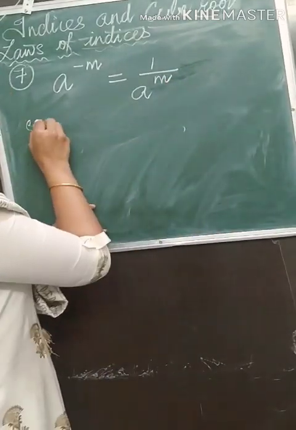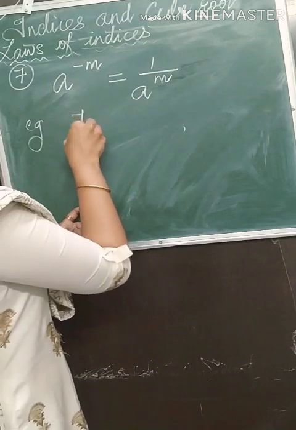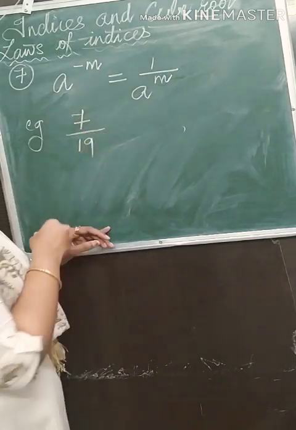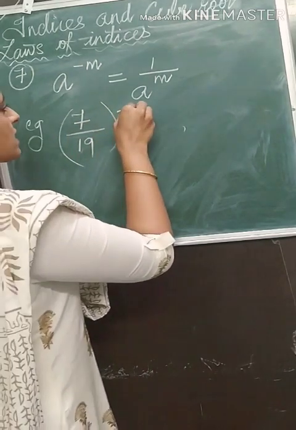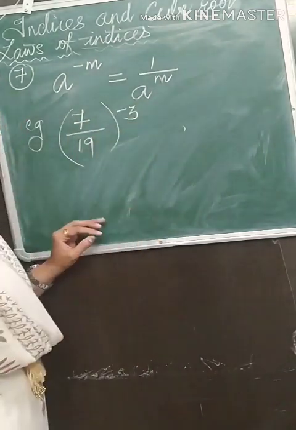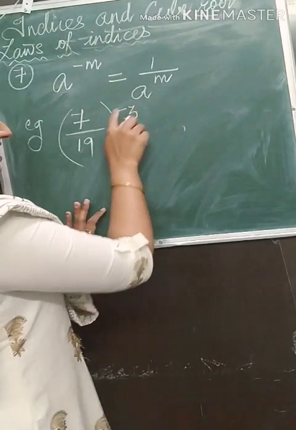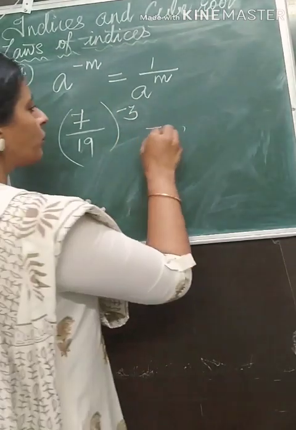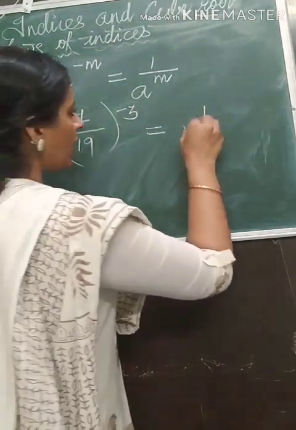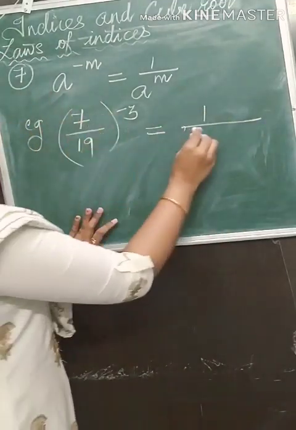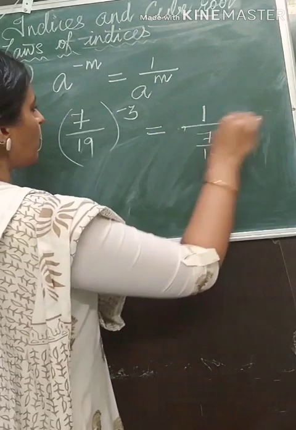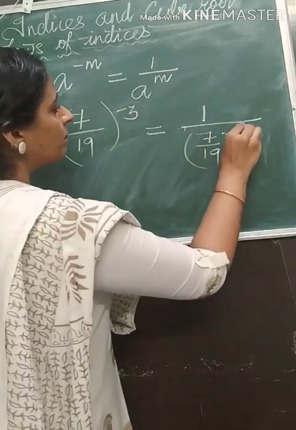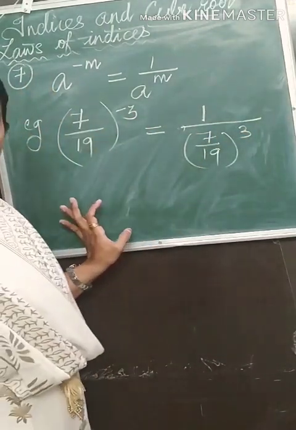Example, if you have 7 upon 19, the whole raised to minus 3. So this index is a negative number. If you put the whole thing as 1 upon the whole thing, 7 upon 19, if you have 1 upon, then this minus will become plus. It will be plus 3.